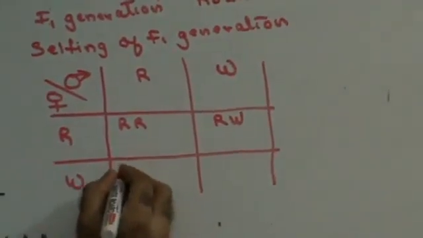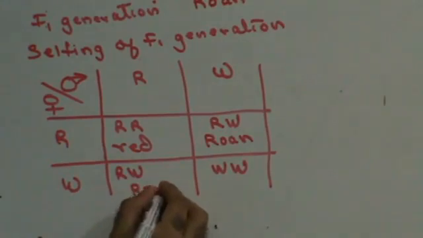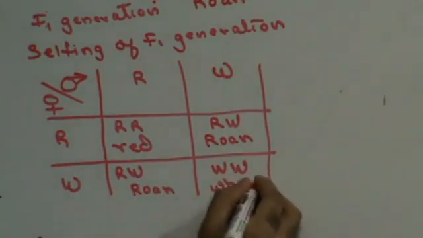So you will get RR, RW, RW, WW: red color back in the F2 generation, two roan, and one white. That is codominance. Both the characters show themselves in the F1 generation. Neither character is dominant nor the other recessive. Both show themselves completely in the F1 generation.